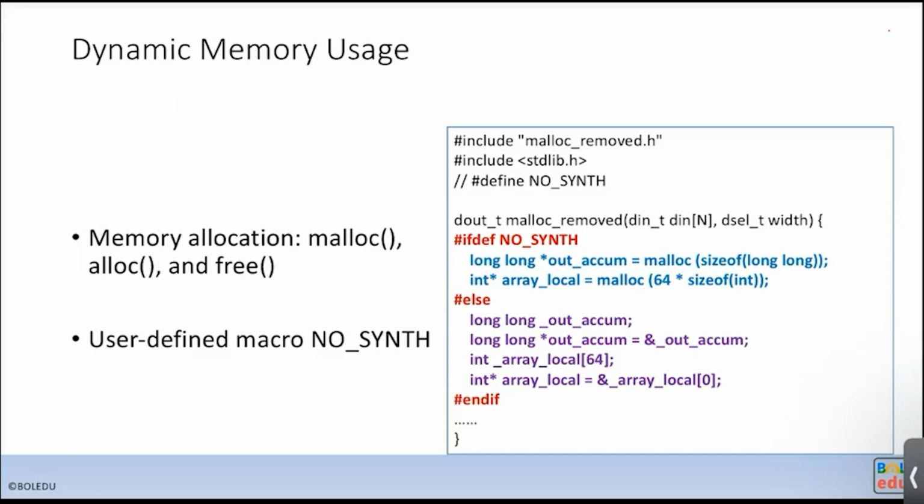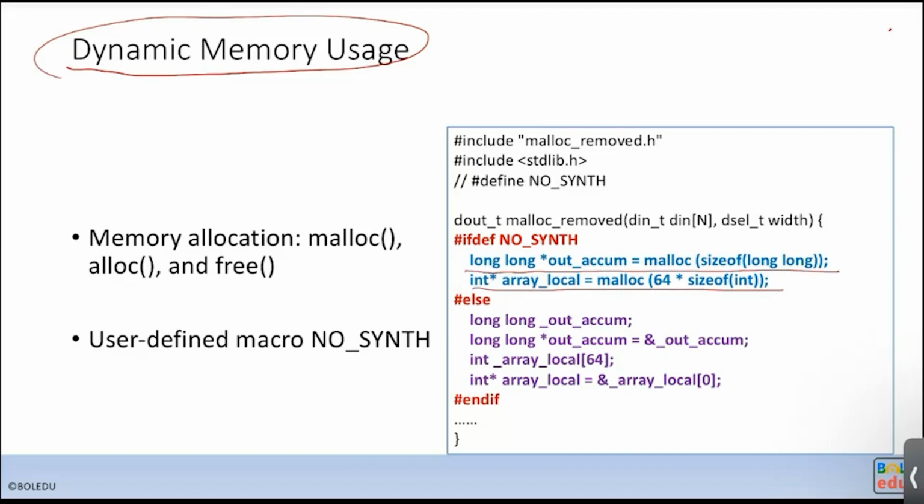Another restriction is that in HLS you cannot use dynamic memory usage. If you know the programming language, sometimes you do need large memory allocations because the data set is big.